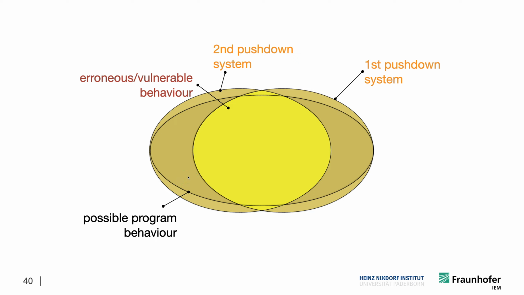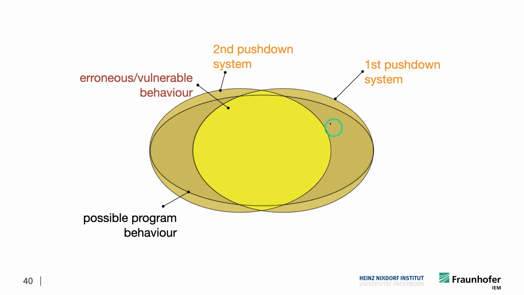But the thing is now that if you intersect the two, then this yellow circle in the middle emerges, and you will see that this almost exactly hits or models this circle that we had in the beginning, right?